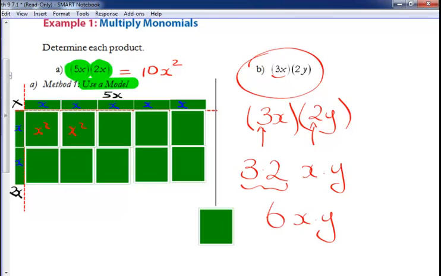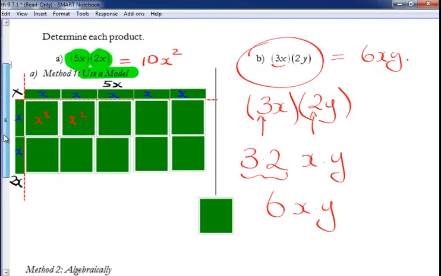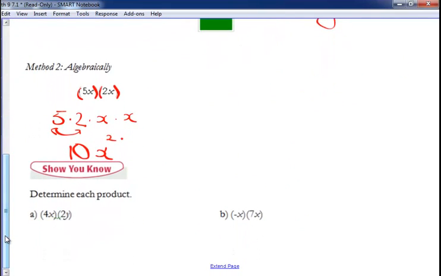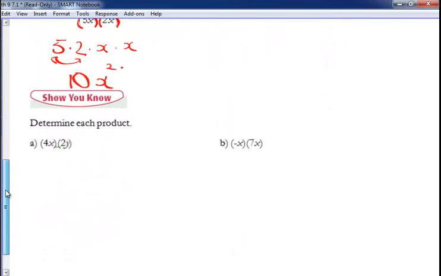So 3x times 2y simplifies to give us 6xy. Okay, so why don't you pause the tape here at this particular point, and you can go through and determine these two products. We're going to pause the tape here and come back in a moment.